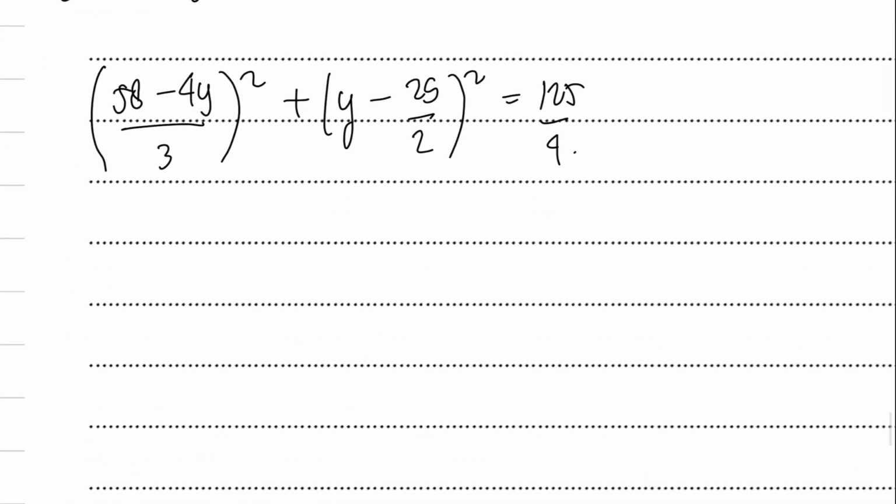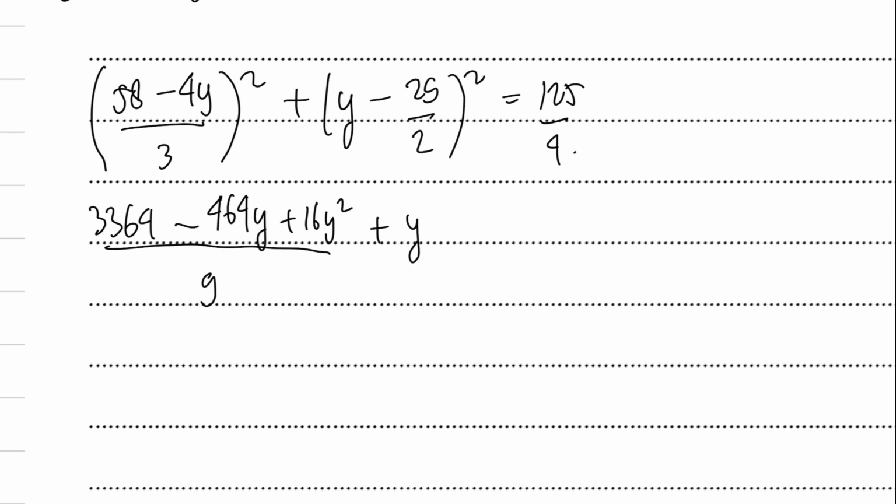So we have 58 squared over 9, minus 2 times 4 times 58 over 9, y, plus 16y squared over 9, plus y squared minus 29y plus (29 over 2) squared, 841 over 4, equals 125 over 4.